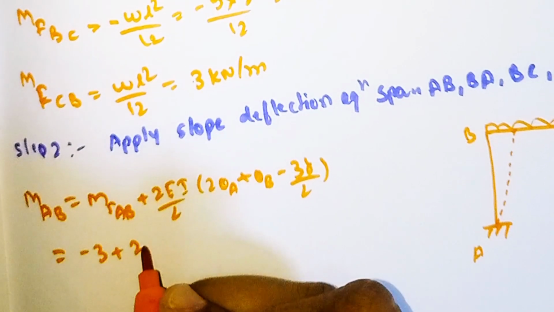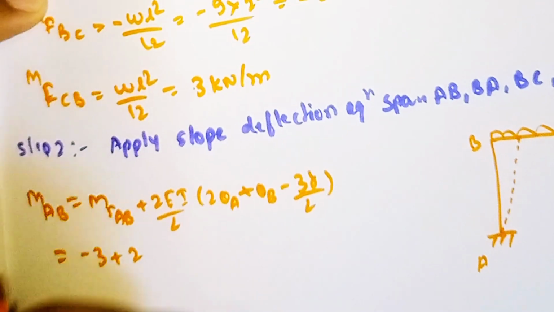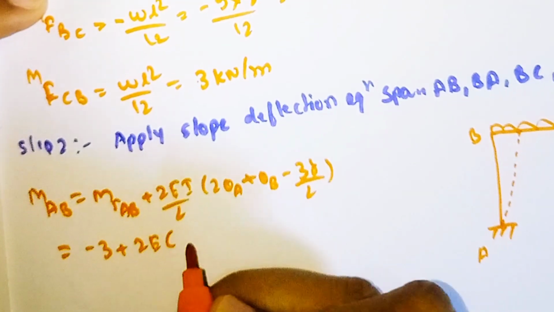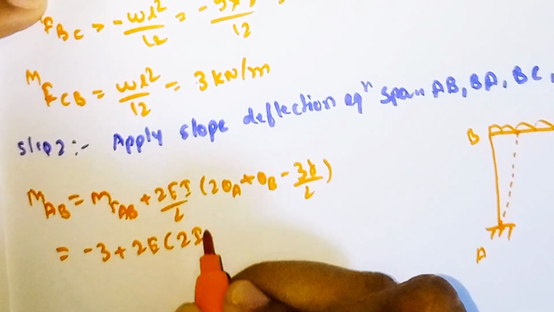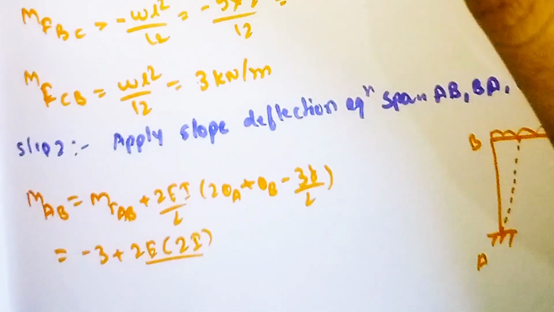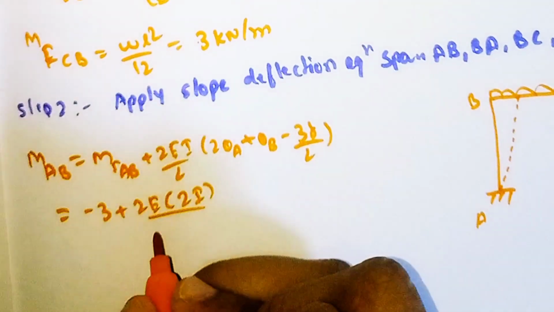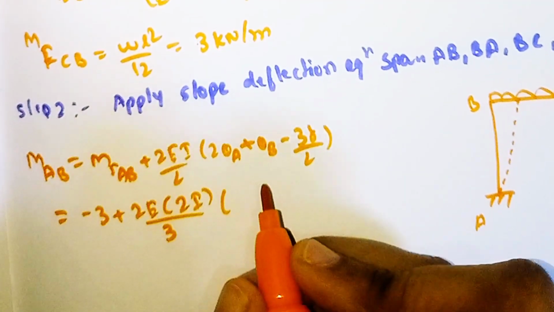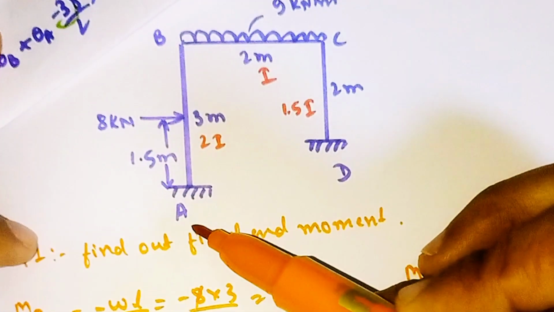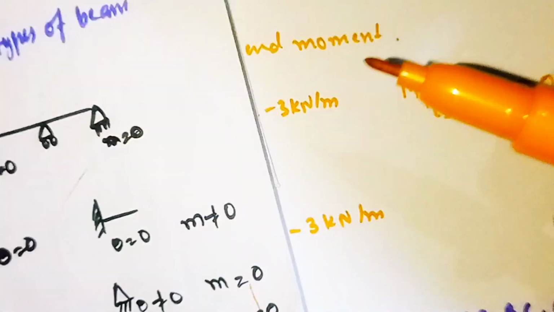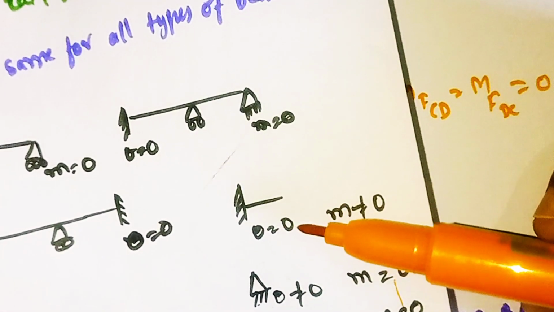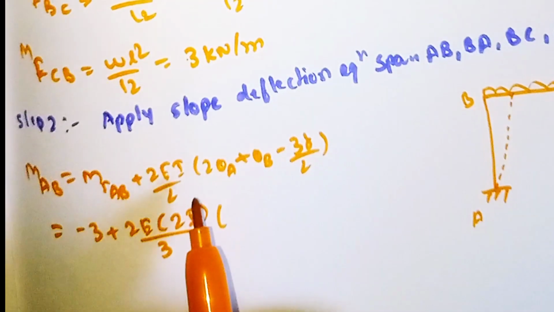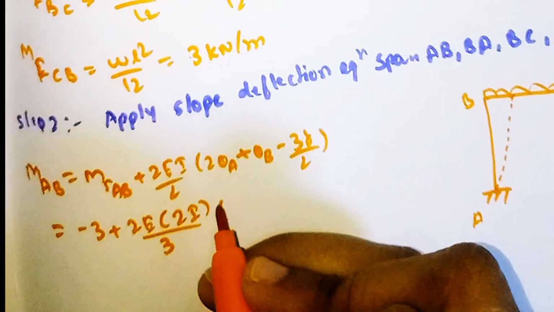So 2 into E, the I value is 2I, divided by the length, which is 3 meter, into 2 theta A. Here theta A is the fixed end, and at a fixed end there is no slope, so it becomes 0. 2 into 0 is 0, so I am not putting that.